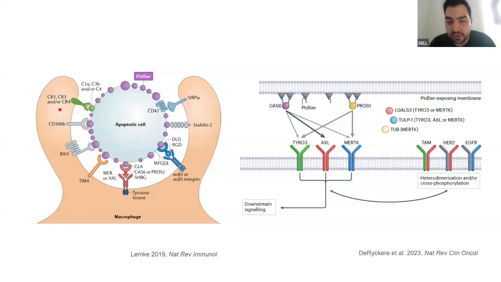So the vitamin K-dependent proteins, GAS6 and protein S, play a central role in phagocytosis, the process by which macrophages engulf apoptotic neutrophils. They act as bridging factors that simultaneously recognize apoptotic cells and engage macrophages. The N-terminal GLA domains of both proteins, rich in gamma-carboxylated glutamic acid residues, bind to the phosphatidylserine exposed on the surface of dying cells.